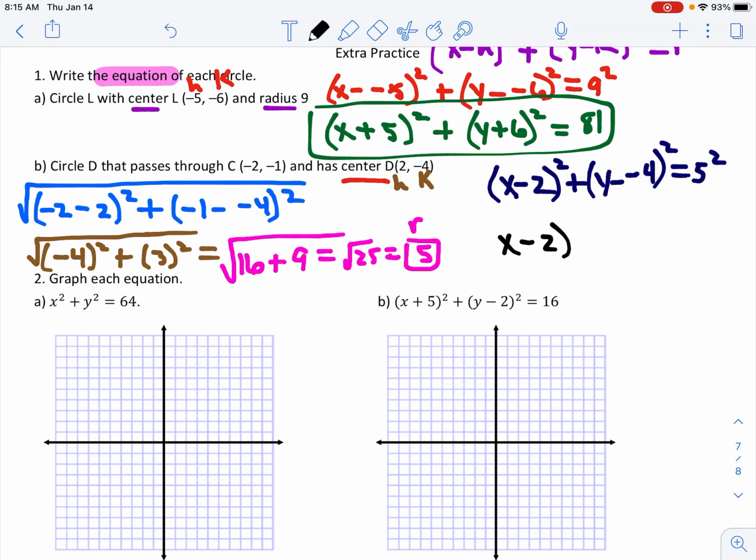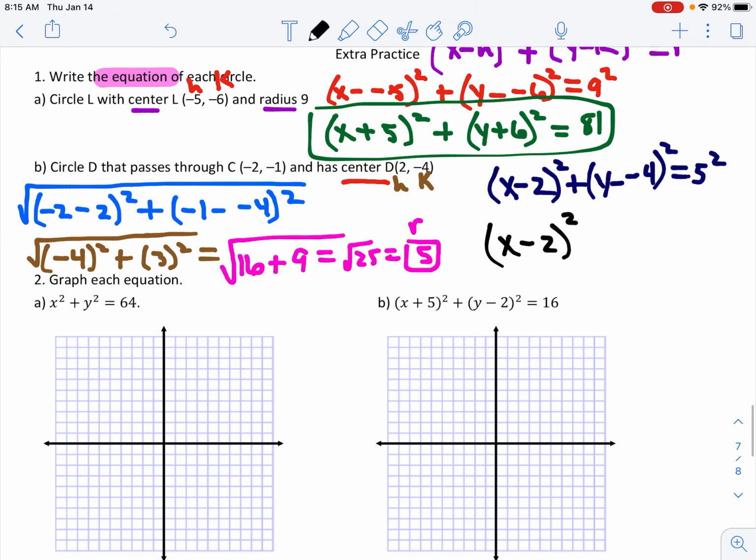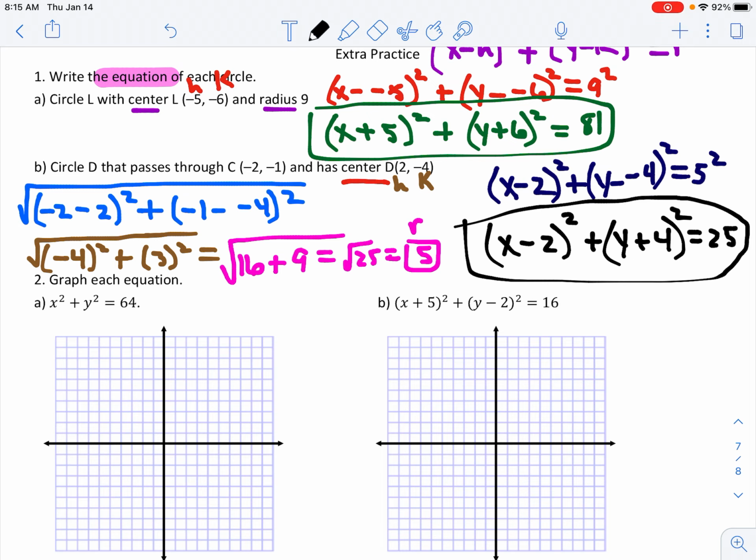Clean up any double negatives. X minus 2 squared plus y plus 4 squared is equal to 25. All right, so a lot of algebra involved, but plugging it into the formula and then solving.